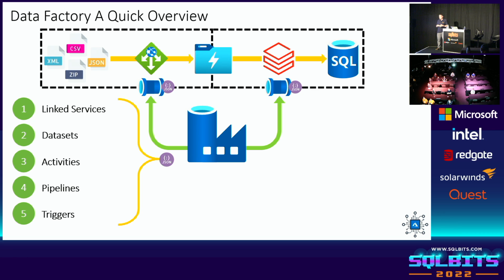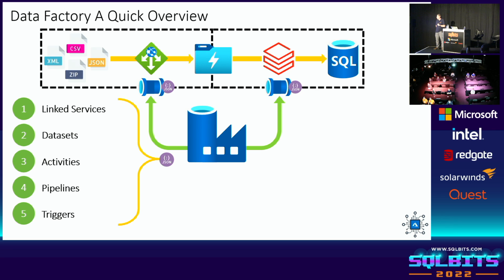Data sets are a metadata representation of the things that we want to work with. If this was a SQL database table, we would have a data set for the table. It would have information about the schema, the attributes, the data types, the contents of that thing that we want to work with. And our data sets will authenticate using our linked services, number 1.